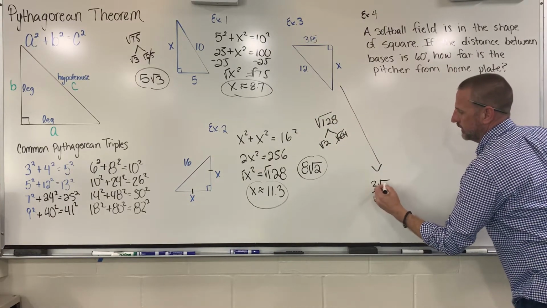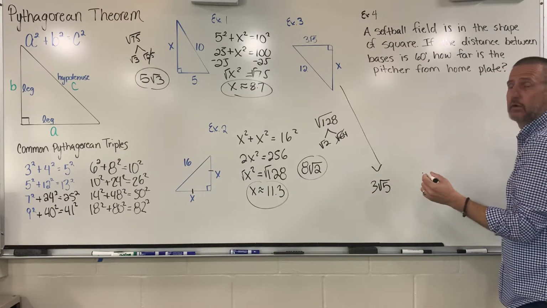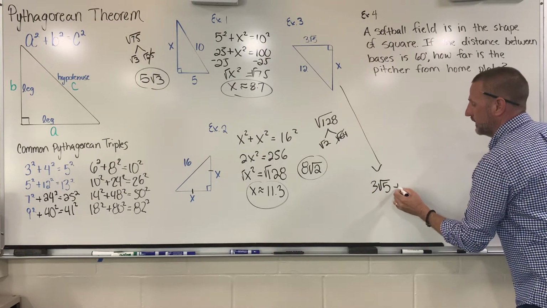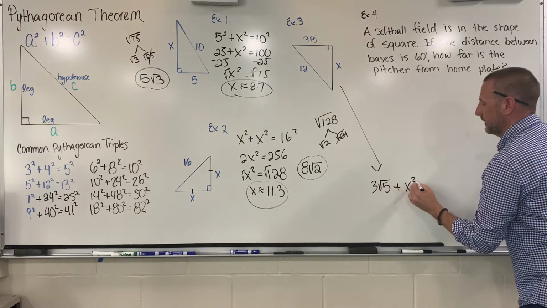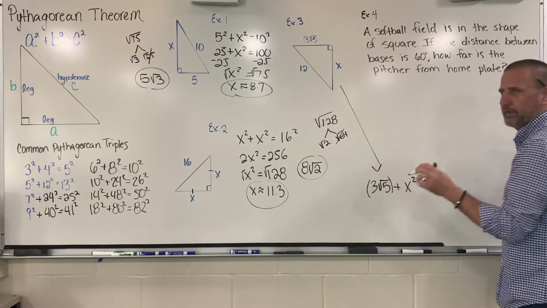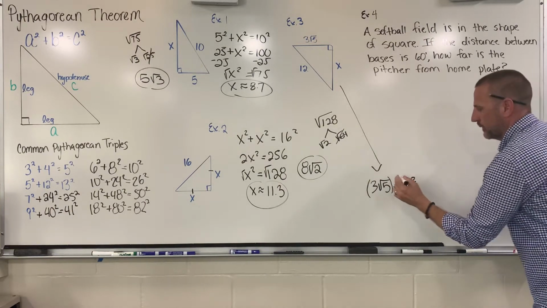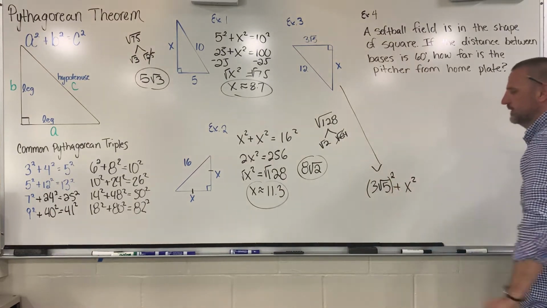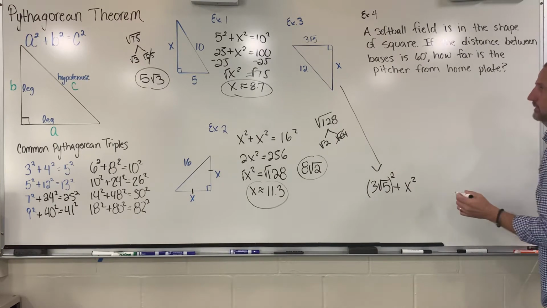And then the next one is my b value. By the way, I have to square this. Because it's a quantity, meaning it's more than one exact number, it's a product, I'm going to put it in parentheses and square it.